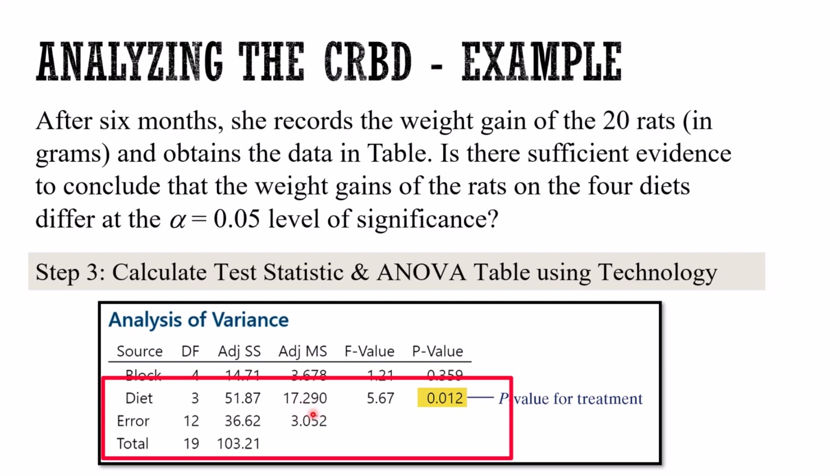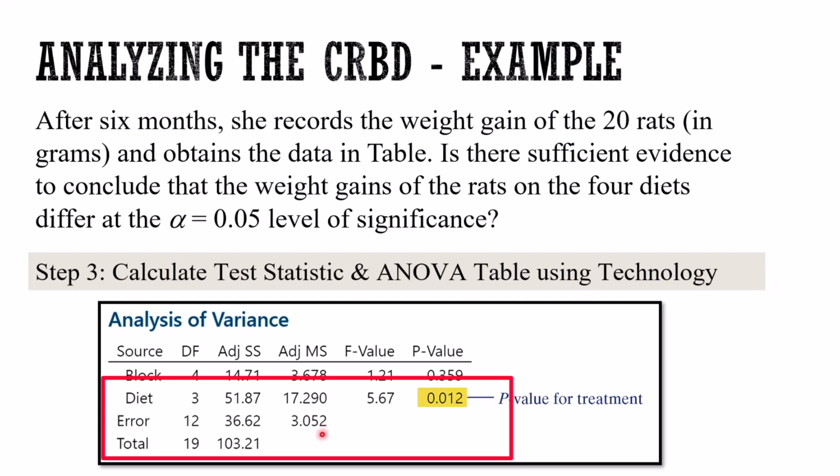That was 51.87, the SS, divided by the DF. 51.87 divided by 3 gave us 17.290. As far as the error goes, the SS was 36.62. You have to divide that by the DF, which is 12, and we got the MSE value as 3.052.